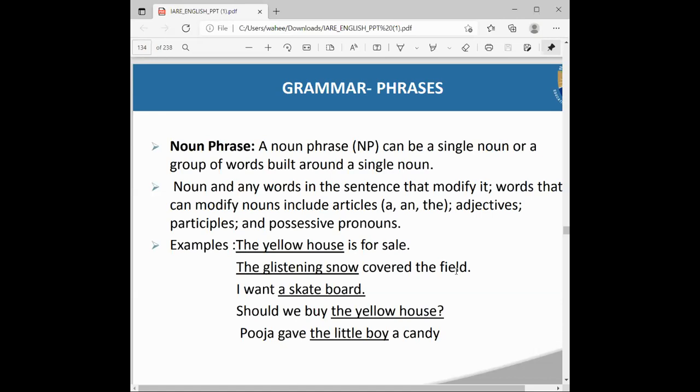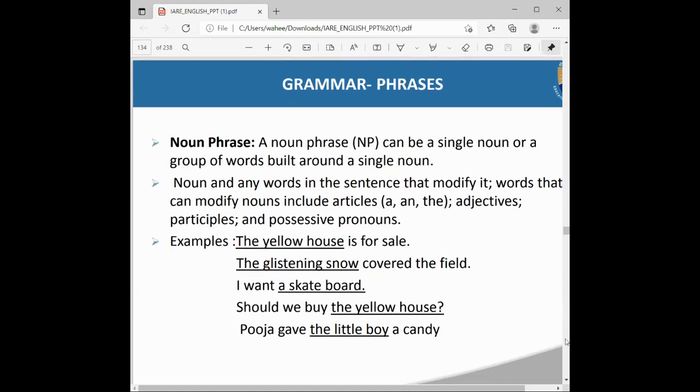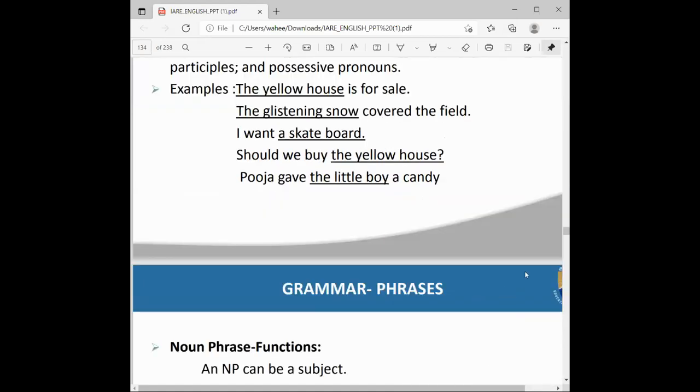Noun phrase is NP. It can be a single noun or a group of words built around a single noun. A yellow house. It is not a complete sentence. Is for sale. Then you come to know the meaning of it. The glistening snow covered the field.